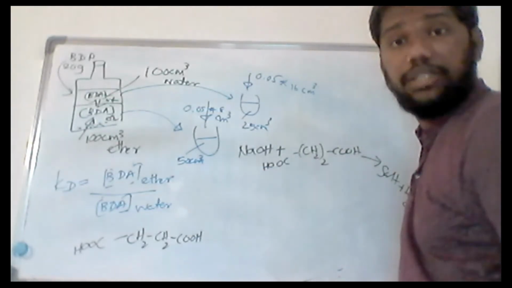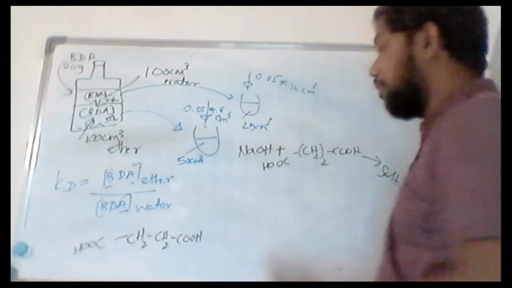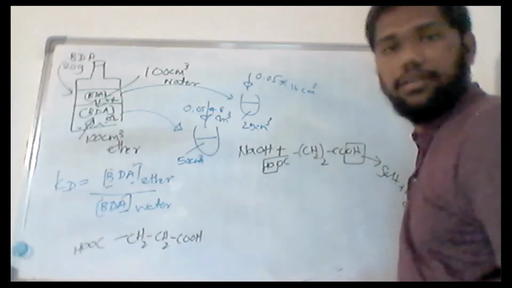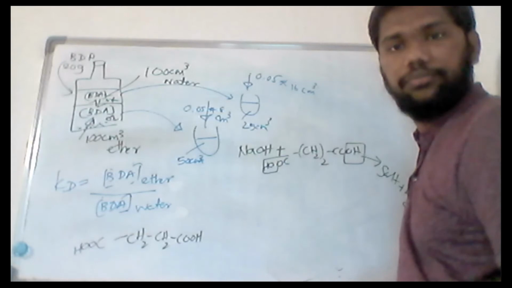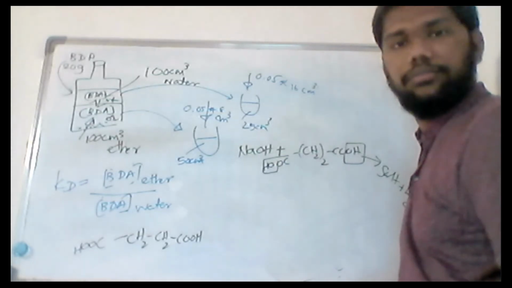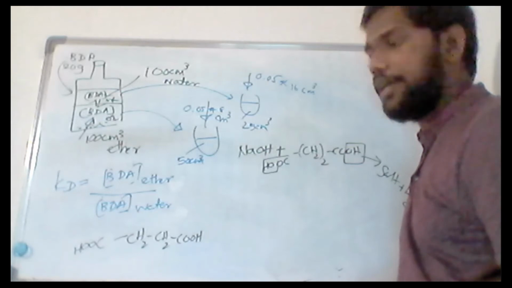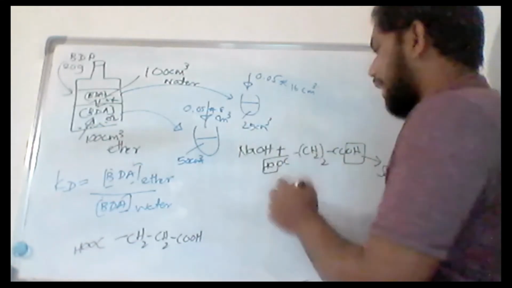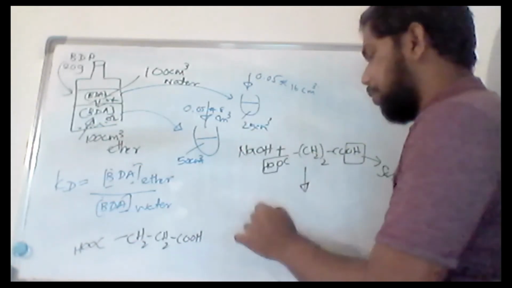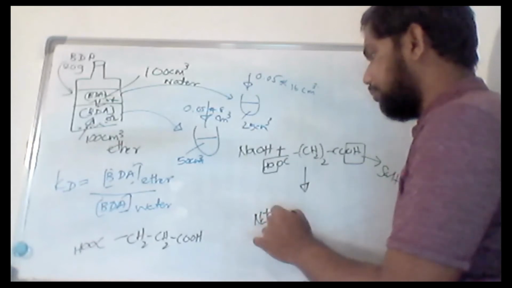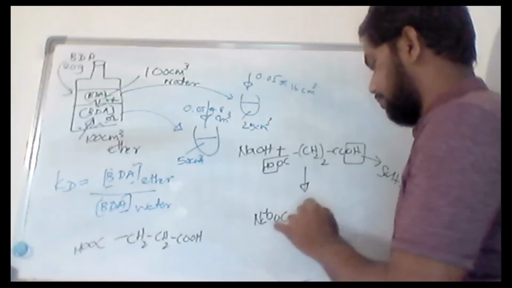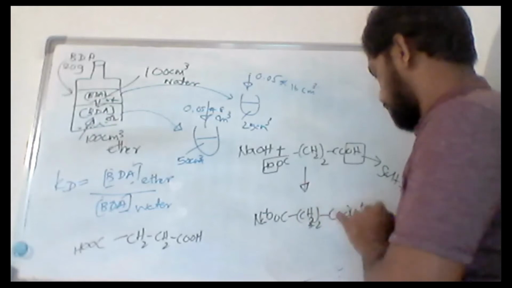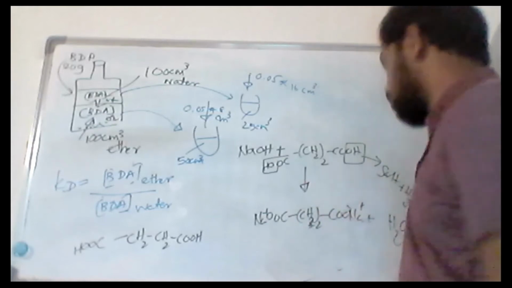That is important to understand, because there are two reactable OH groups in the butane dioic acid. So when you react this with NaOH, this is going to form the sodium salt, and there is water that is going to form.